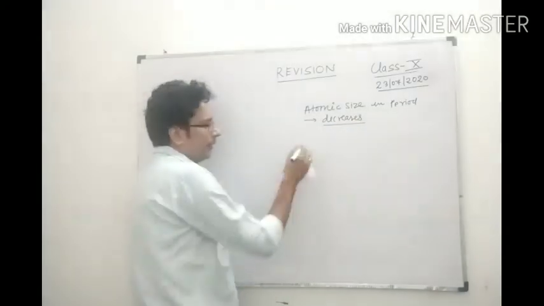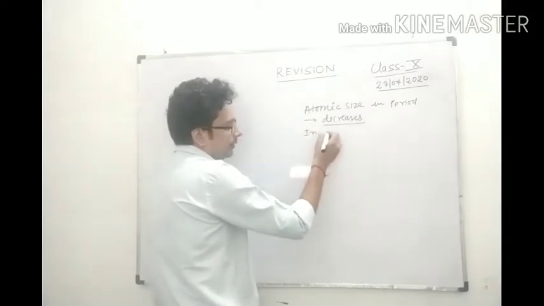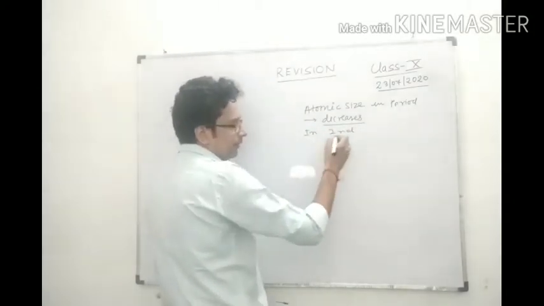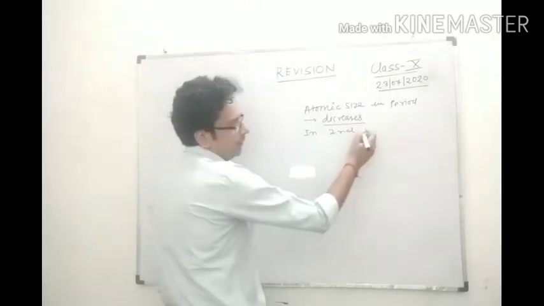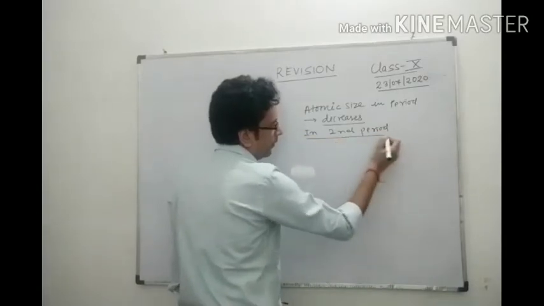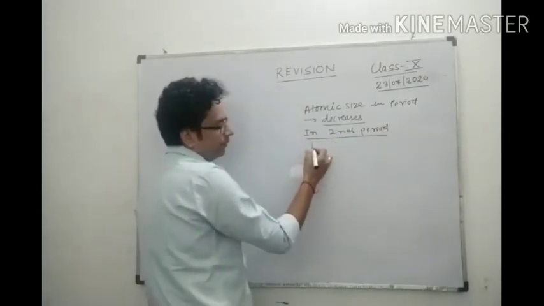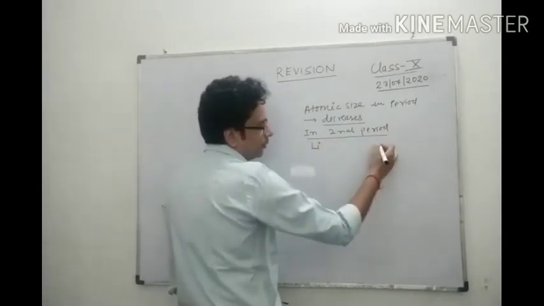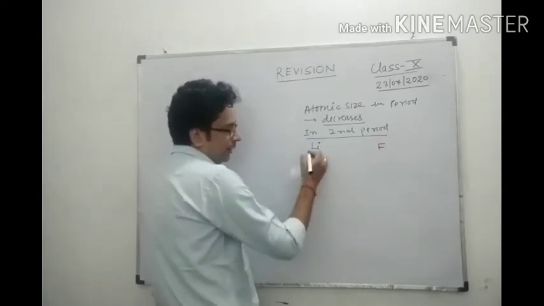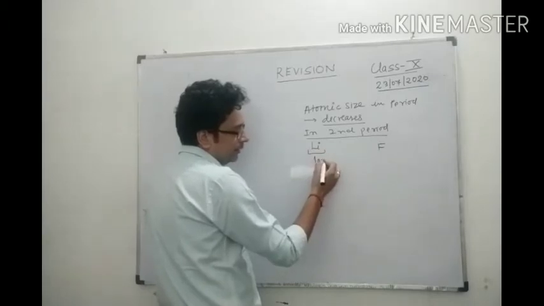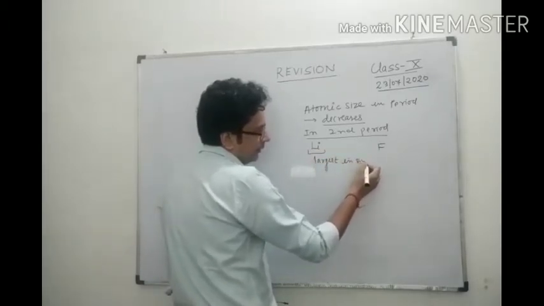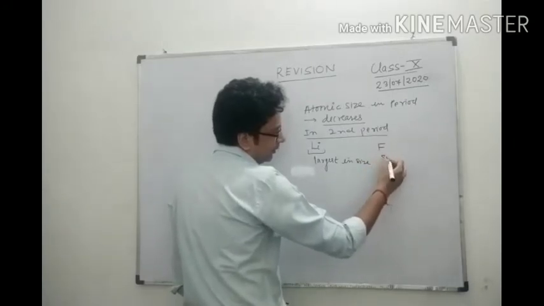For example, in the second period, starting from lithium to fluorine, lithium is the largest in size, and this is the smallest.